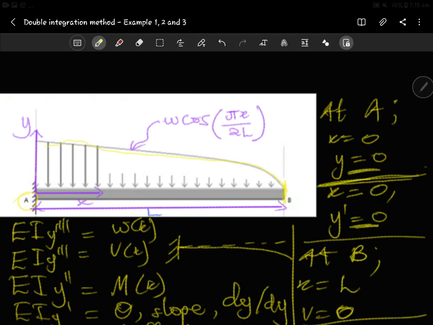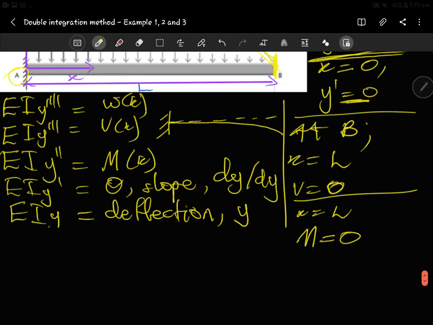The moment is basically the beam's resistance to applied stresses. So here is where the beam's resistance is very low. This is the bending moment diagram, and this is where the moment is maximum, this is where it's least. It becomes almost zero here, so at point B we have the moment to be zero.